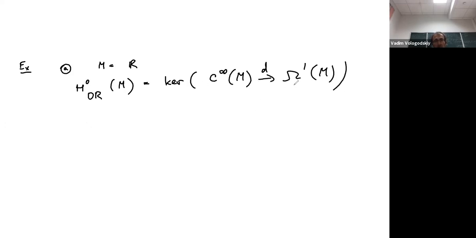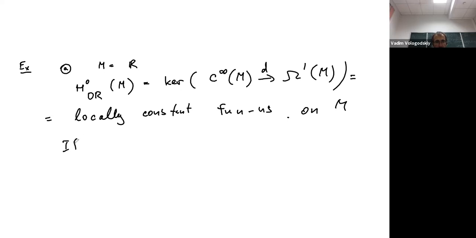That means that all its partial derivatives are 0, so these are locally constant functions on M. So in particular, if M is connected, then any such function is actually constant.